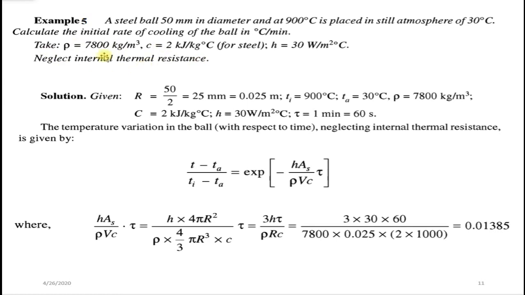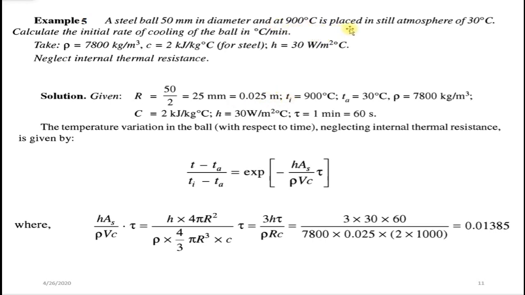Here we have to find the rate of cooling of the ball in Celsius per minute. R value is diameter by 2, 50 by 2, that is 25 mm, which is 0.025 meter. The initial temperature is 900 degrees Celsius.